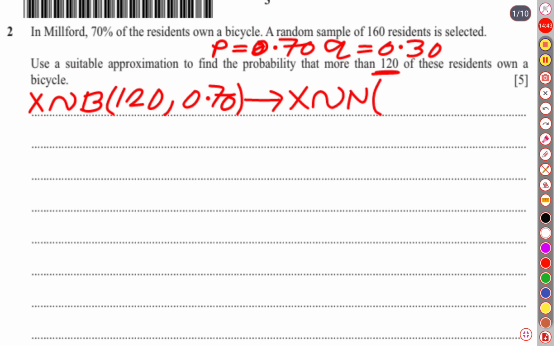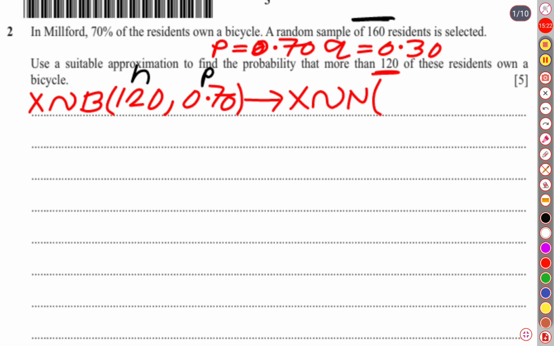For the parameters of the normal distribution, we write the mean. The mean is np, where this is n and this is p. If we multiply 120 by 0.70, sorry, our total random sample is 160, so it is not 120, it is going to be 160.